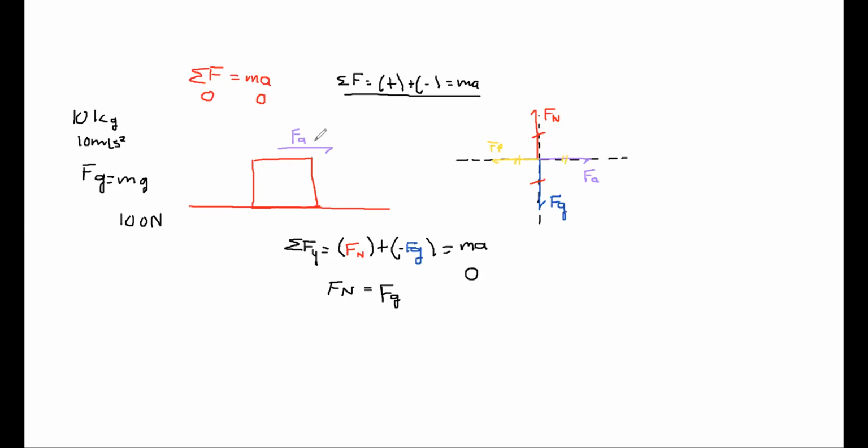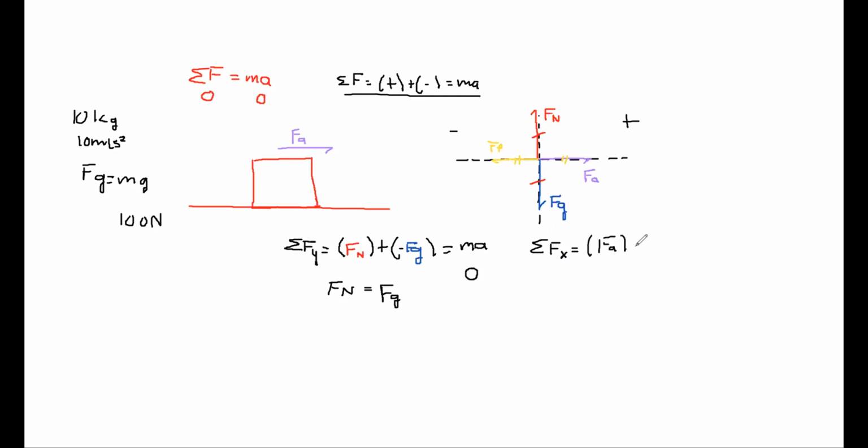All right, so now we're going to do the same thing we did for the vertical direction, except now in the horizontal direction. So let's go ahead and do that. Sum of forces in the x direction. We're going to state everything in the positive direction, where the right is positive and the left is negative. So what's to the right? That's going to be the applied force.